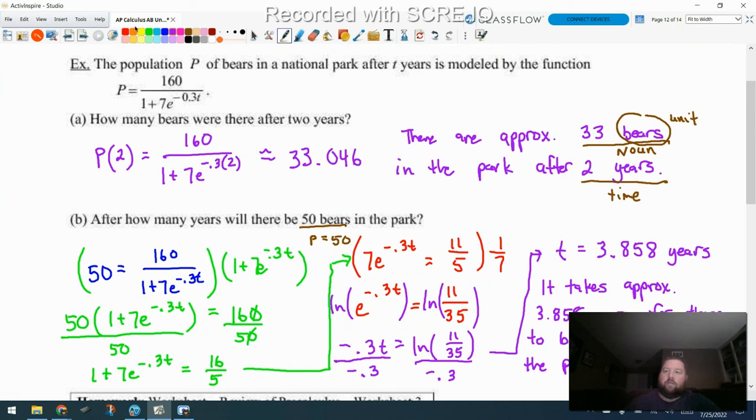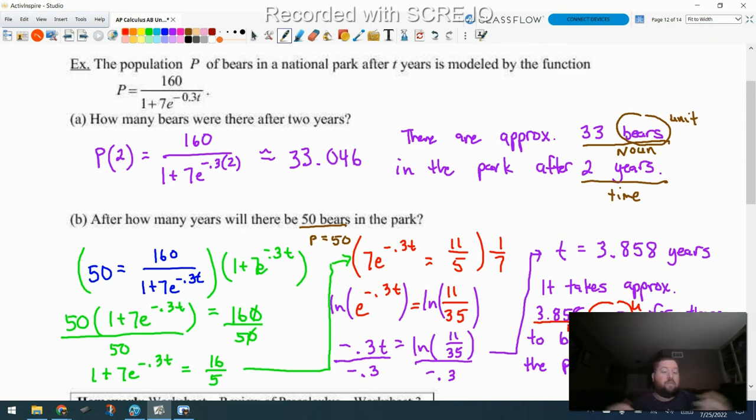So this one kind of flies in the face of my NUT algorithm a bit because our time is actually our noun, because that's what we were trying to find. Your noun is what you're trying to find. So 3.858 years is your noun. Years is your unit. And then your time in this case is the 50 bears.